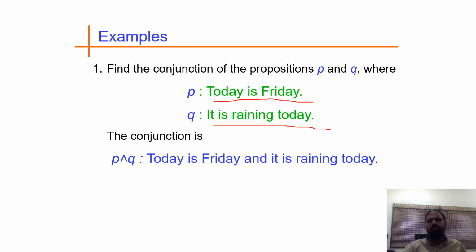So we have to combine, basically you can combine both statements. Conjunction is the combination of both the statements, and both statements should be true if you want the result of conjunction true, otherwise it will be false.